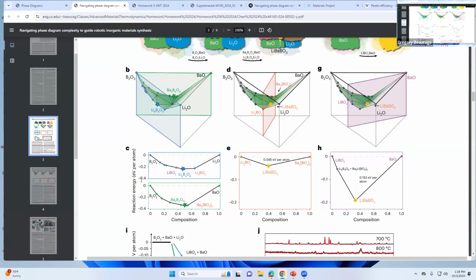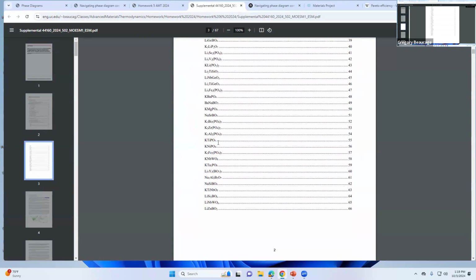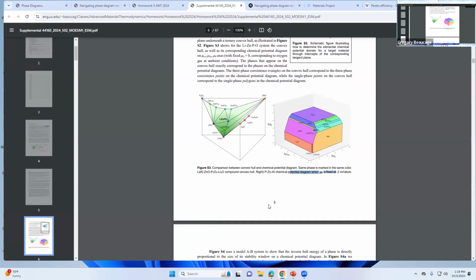So you plot the chemical potential. And he shows that, so he does that in the supplemental somewhere. There's a chemical potential diagram. It's the same comparison between the convex hull, which is this reaction energy, and the phase marked in the same color, and on the right is a chemical potential diagram.